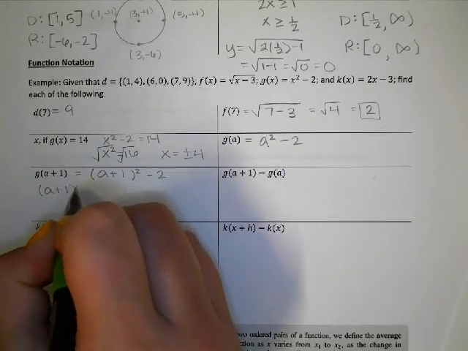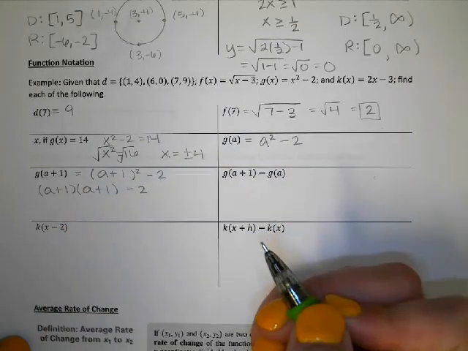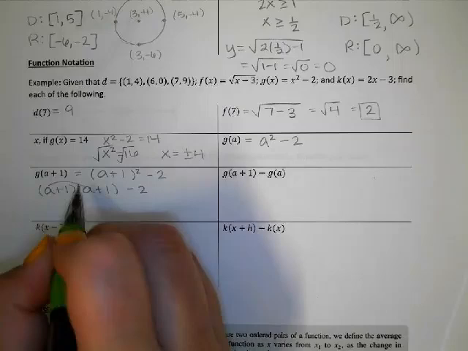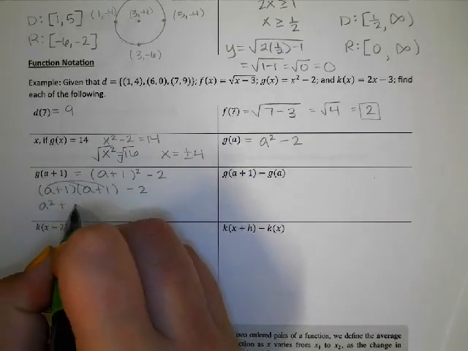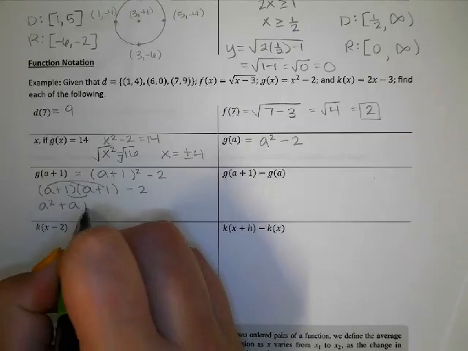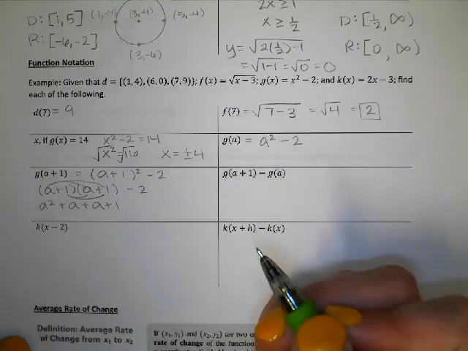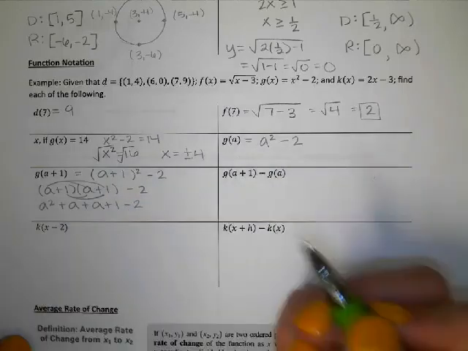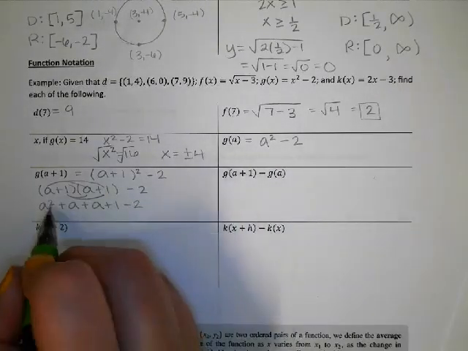And we have a squared plus 2a plus 1, and then the minus 2 on the end. So this is a squared plus 2a, 1 minus 2, minus 1.